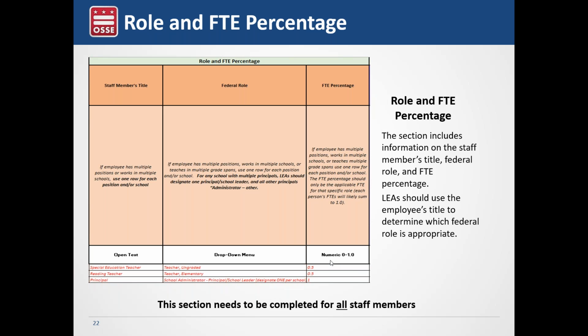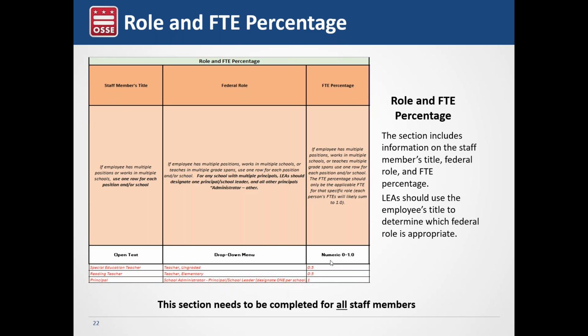So there will be a lot of staff, probably especially your specials teachers, or teachers who work in multiple schools, who will be listed on multiple lines. Also, if you have a teacher who serves students with disabilities, or even in a Montessori type school where you're saying, oh, we don't have grades, that's fine, but in our data system, students are still assigned to grades, and you all have access.